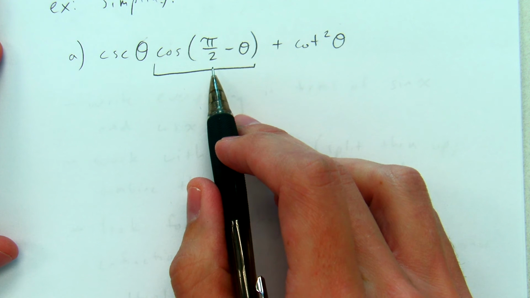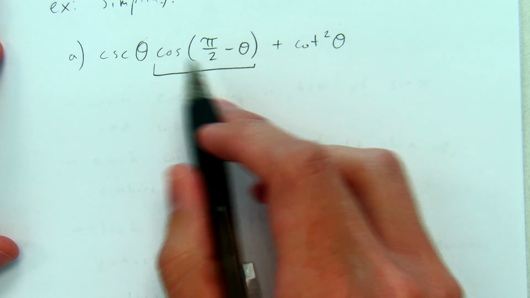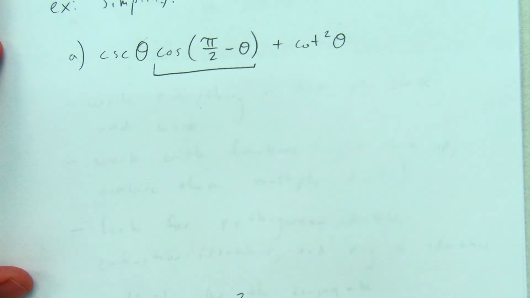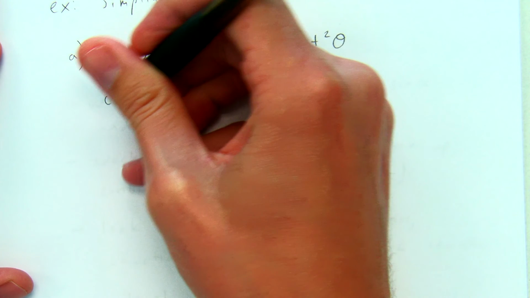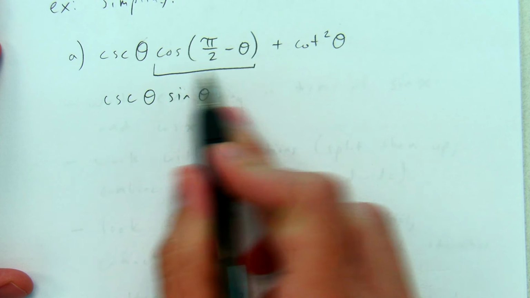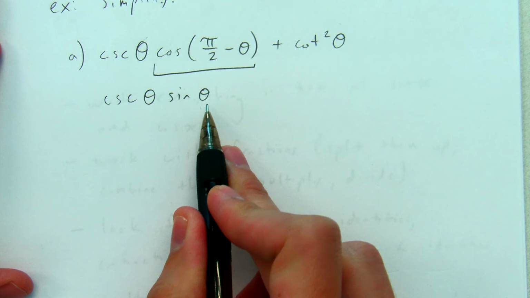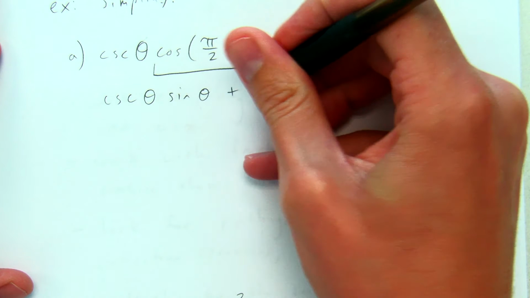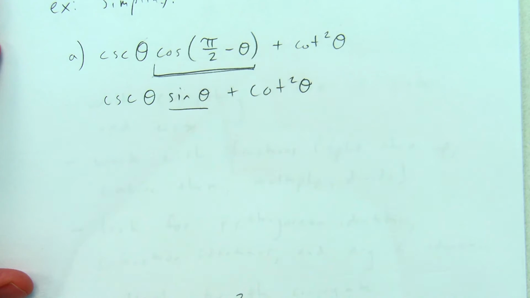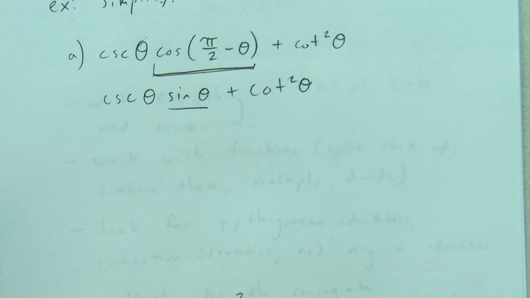Given that I know that I'll have this formula, I can see that cosine of pi over 2 minus theta is equal to sine of theta. So I can start by rewriting my expression, replacing cosine of pi over 2 minus theta with something that's equal to it, sine of theta. We can all agree that this is simpler than this, right? So I've taken a step in the right direction.